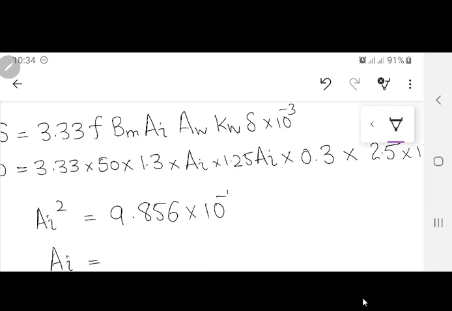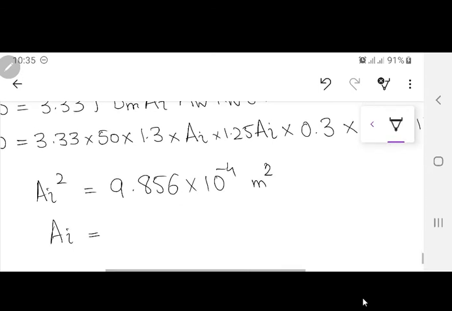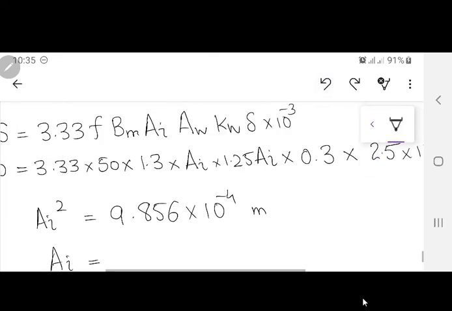This is going to be meter square. Now one thing very important, those who have the book, you will see over there they have written AI square is equal to 9.856 into 10 raised to power minus 4 meter 4. They have written 4 above the meter as well. This is wrong. The unit of area is always meter square. So what is AI?